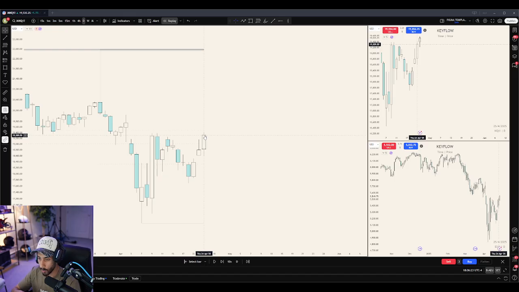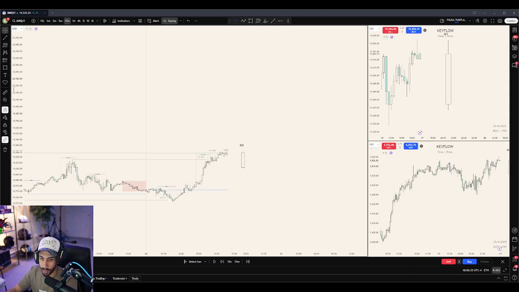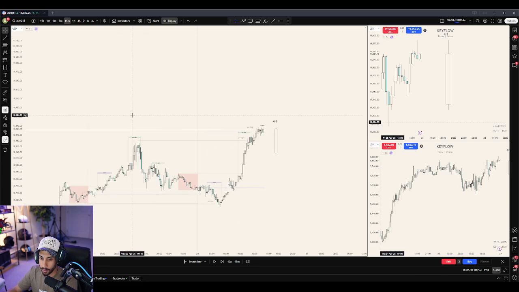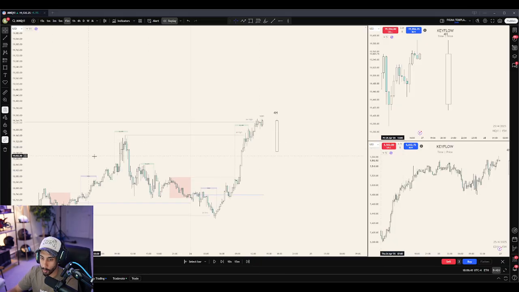What exactly does that mean? Essentially, it just means that we're going to have a red day on Friday whenever you have a bullish week. So this is just the narrative that I had to be bearish for the Friday move.